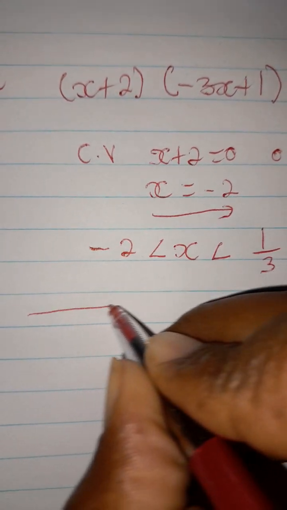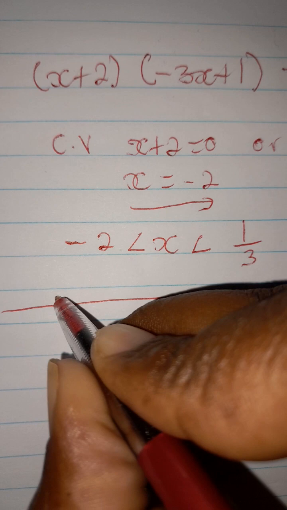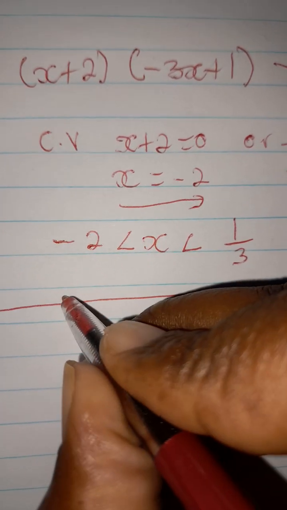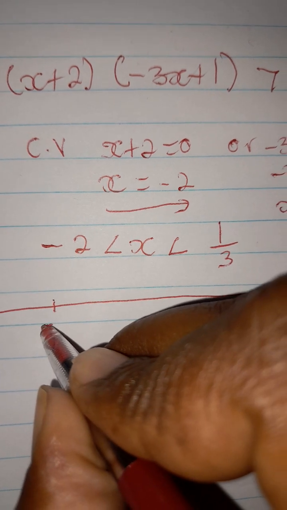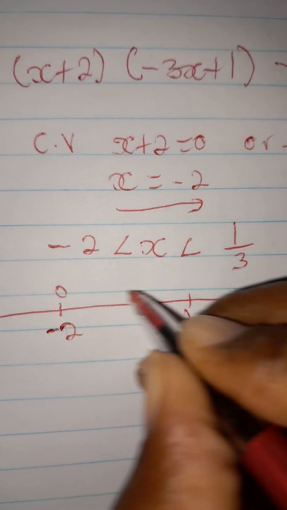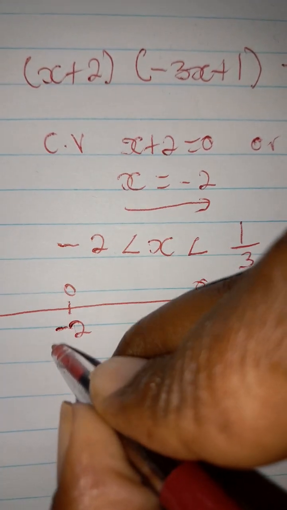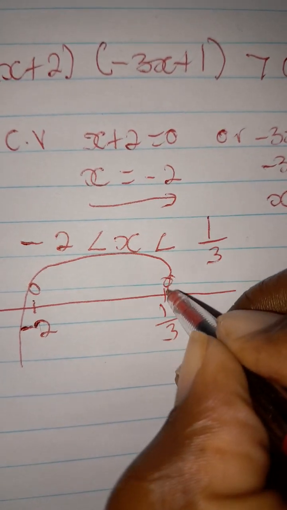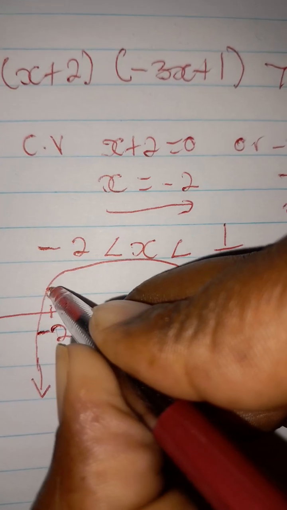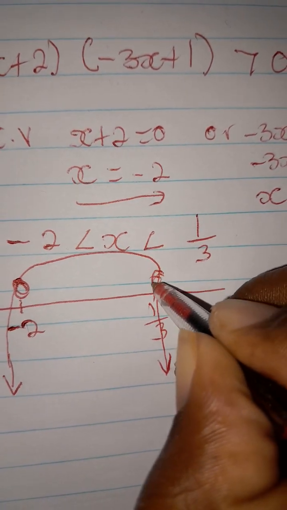So we are not done. We need to show this graphically. Since it's less than, we are going to use open dots. So we are going to have negative 2 here and 1 over 3. Our graph will be a sad face, but it will be open dots.